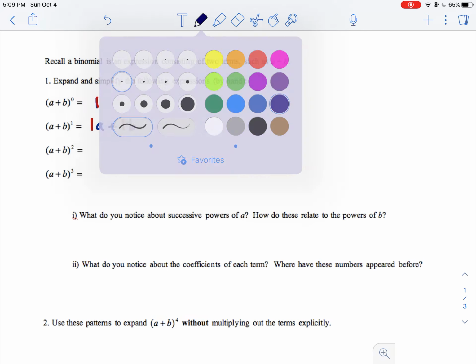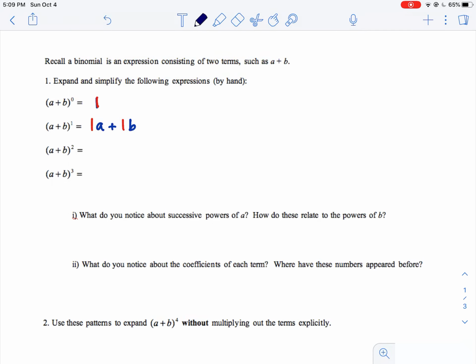All right, so if I want to square a plus b, this is the classic. When we square this thing, it does not mean that it is just a squared plus b squared. We don't just distribute the square. Instead, we know that this actually means a plus b times a plus b.